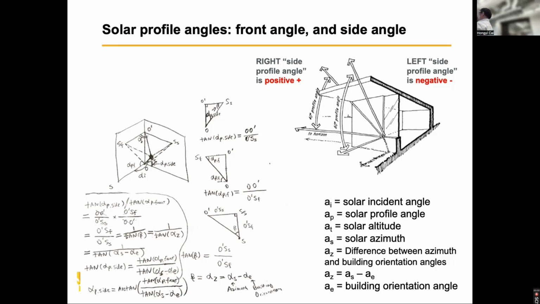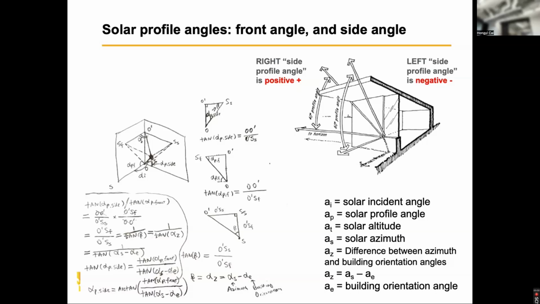But the real application is very complicated because the sun is moving in the sky, right? So these two angles, front profile angle and side profile angle, are always changing. This angle will also be different from season to season, day to day, even from side to side.